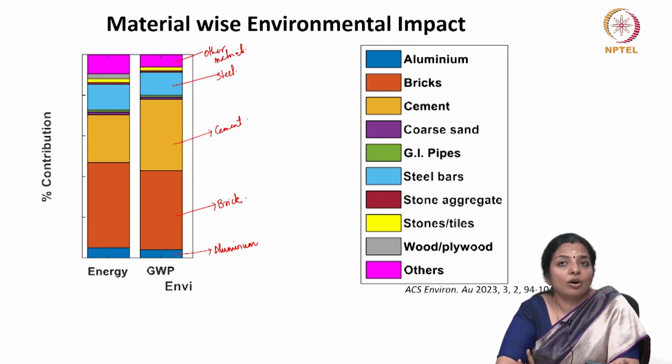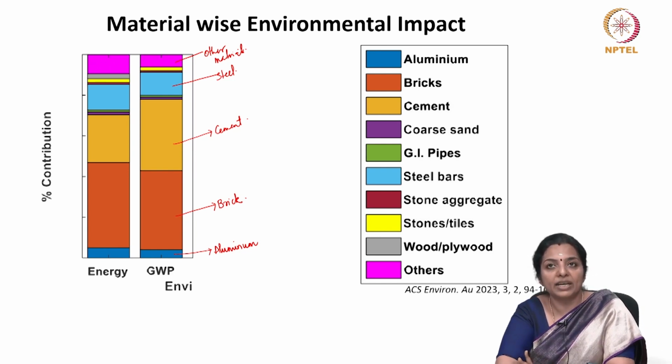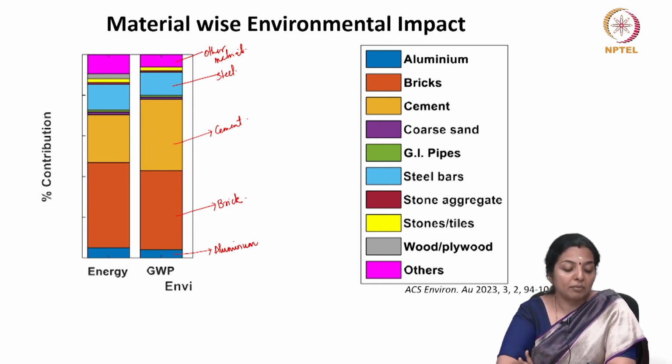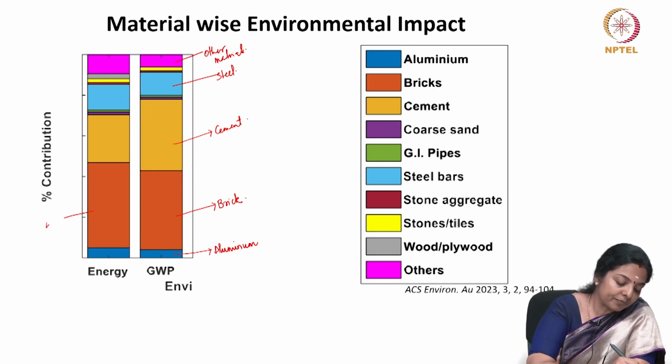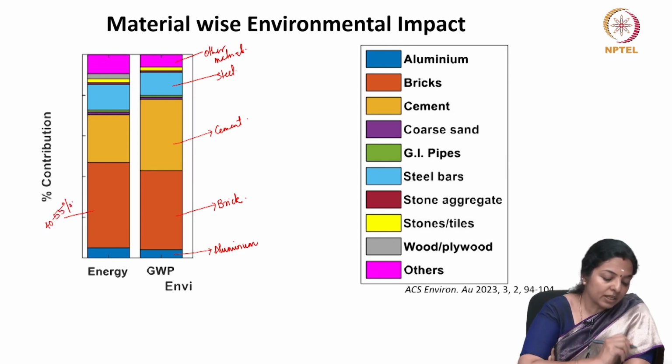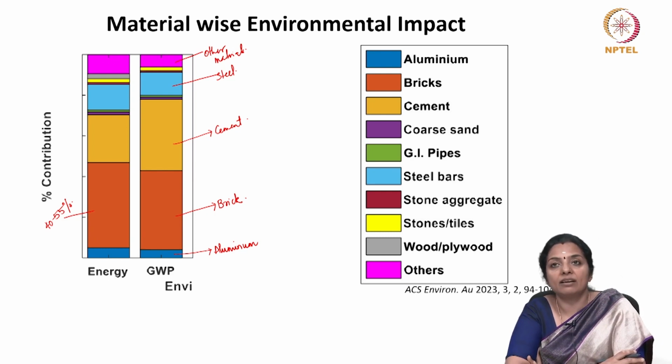Although dependent on which environmental category one looks at, the major building materials contributing to the environmental impact of the building are bricks, and bricks contribute about 40 to 55% of energy. So 40 to 55% of embodied energy is consumed by brick, and that reflects directly on the emissions.